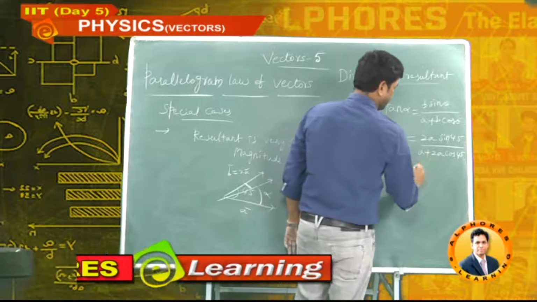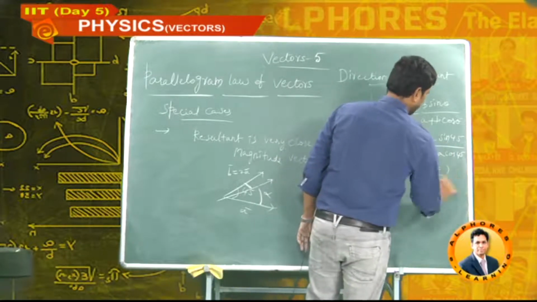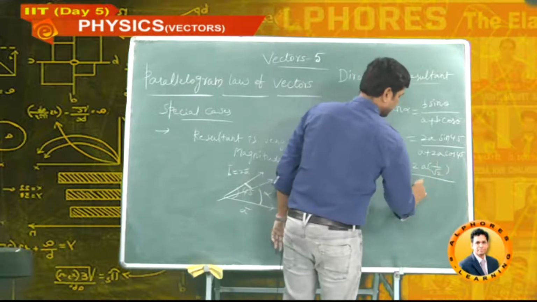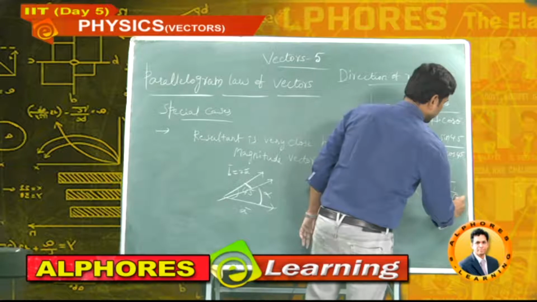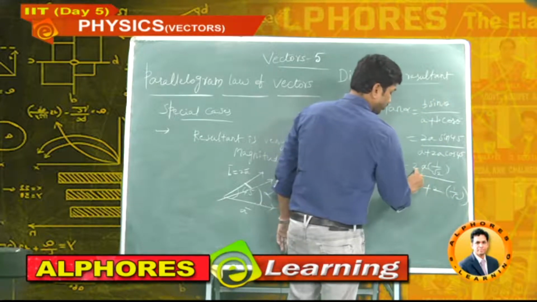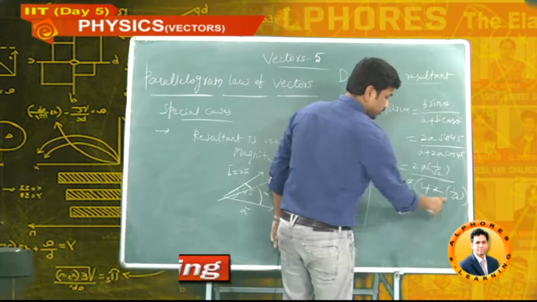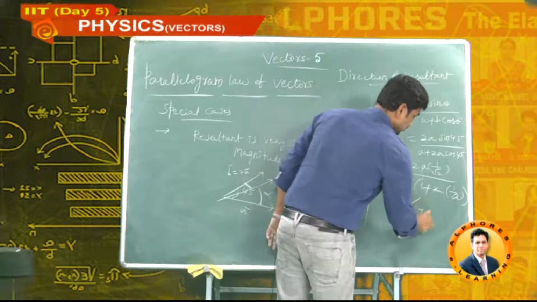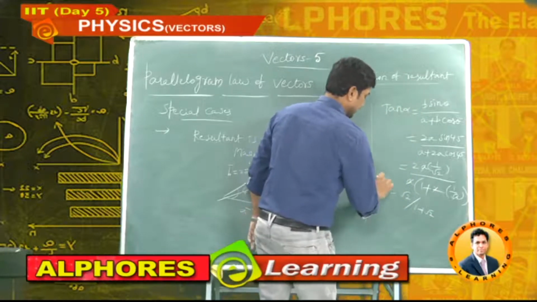Now cos 45 is 1 by root 2. Can I take a common? 1 plus 2 into 1 by root 2. A cancels. The numerator is 2 by root 2, which is root 2. The denominator is 1 plus root 2. What is this? Tan alpha.